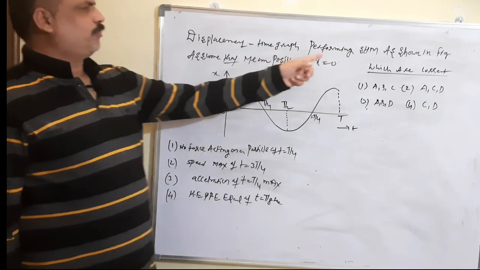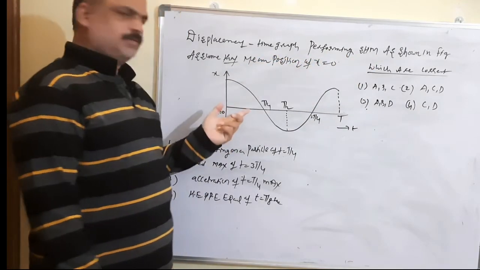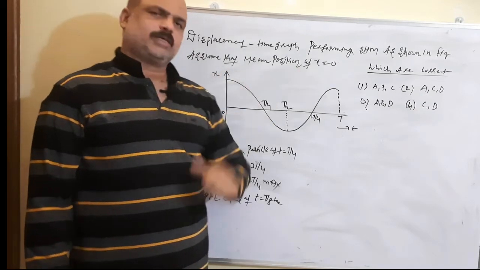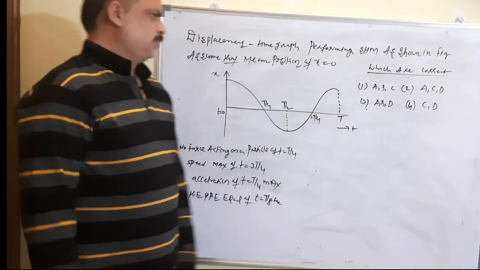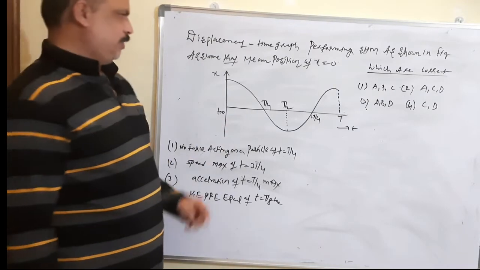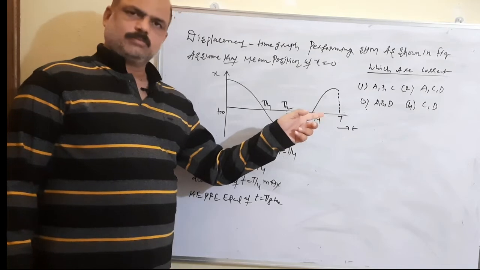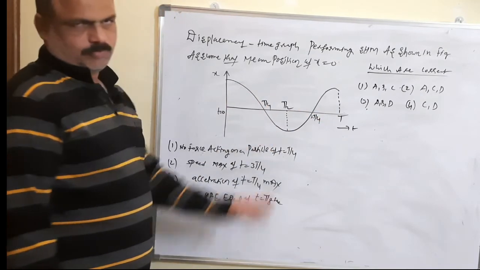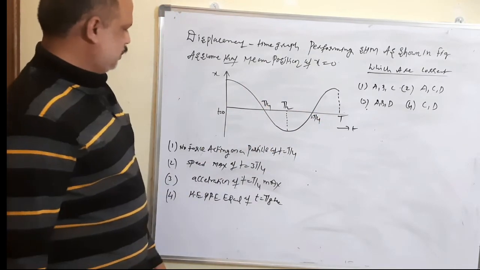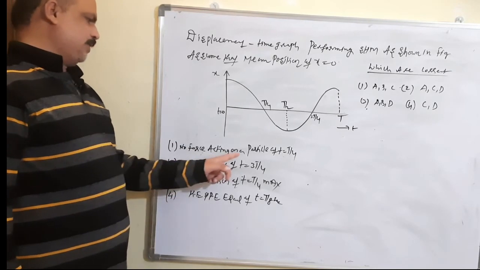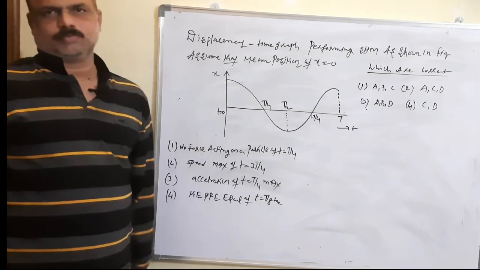The displacement time graph of a particle performing SHM is shown in the figure. Assume that the mean position is at x is equal to 0. This is a graph drawn between the displacement of the particle and time of a particle performing SHM. Here four options are given. No force is acting on the particle at t is equal to T by 4.